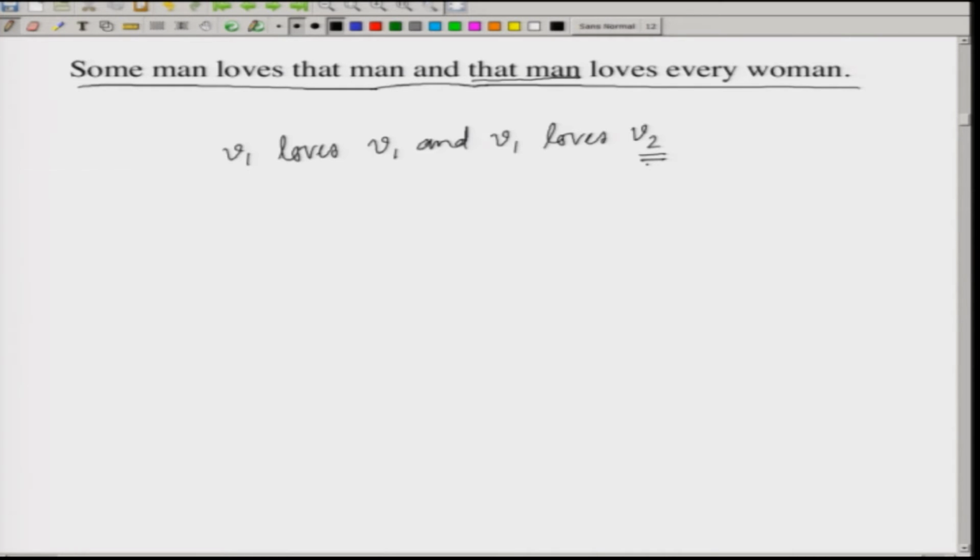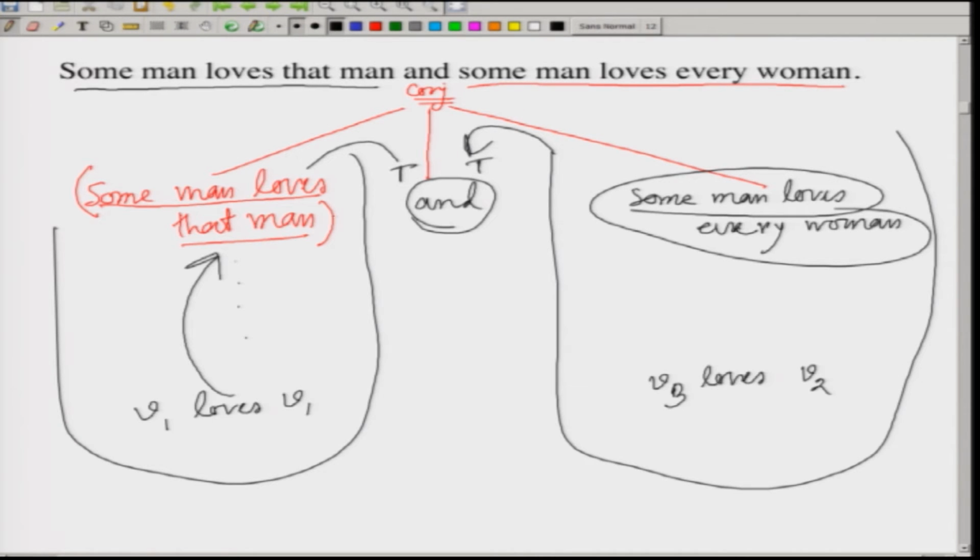Now, from this we need to calculate the whole thing. We need to compute the whole thing in a step by step manner. We will see the derivation, but the point here is that the two "and"s are doing two different things. Here, this "and" will compute the whole thing only when we assign truth values to these partial formulas, and the previous "and" already had two ready-made truth values.